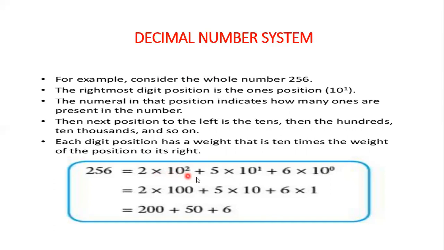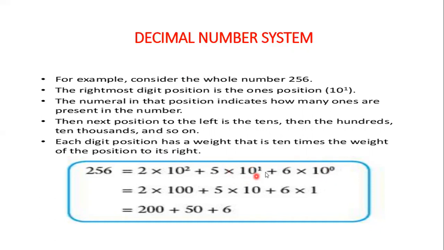So 2 into 10 power 2 plus 5 into 10 power 1, and this 1 can be written as 10 power 0. Anything power 0 is 1. Therefore 6 into 10 power 0. Therefore the 256 can be written as 2 into 10 power 2 plus 5 into 10 power 1 plus 6 into 10 power 0. So this is the base.